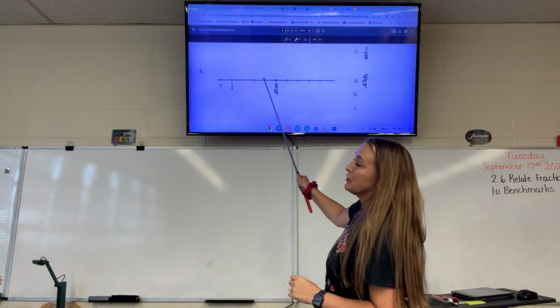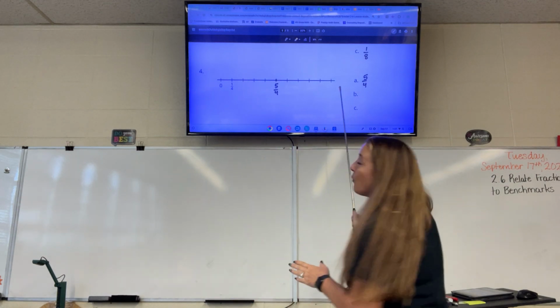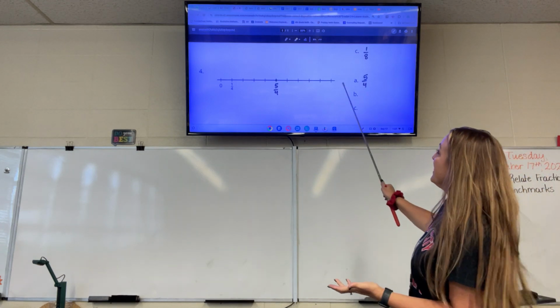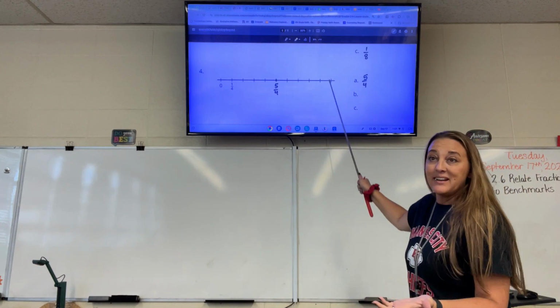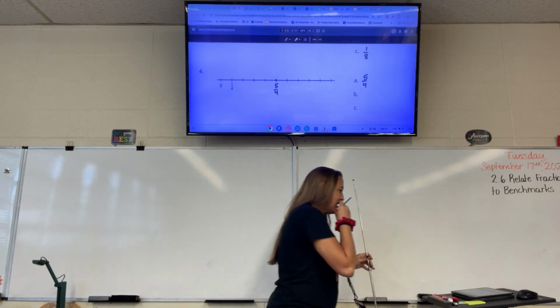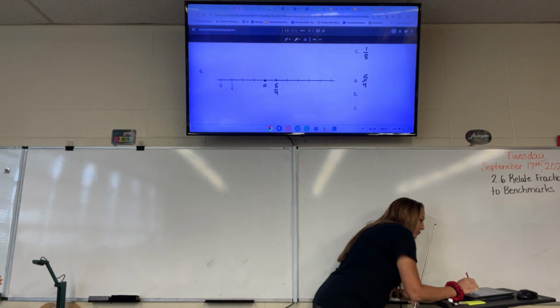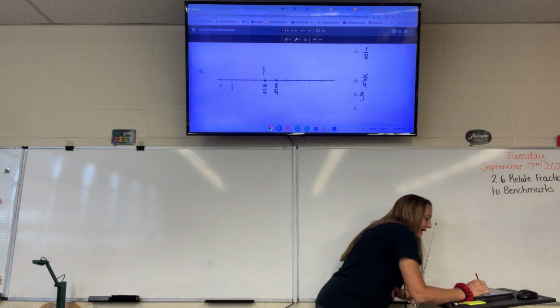So 4/4 or one whole would be right here, right? Does that make sense? Greater than. We're used to thinking of one whole as being down here, right? Is that what you were thinking? Yes. So 4/4 is right here, which is one whole. So 5/4 is actually greater than one whole.